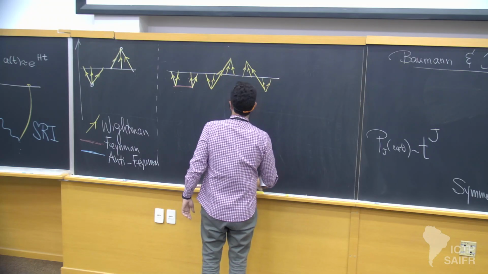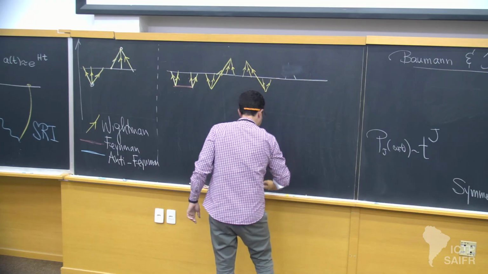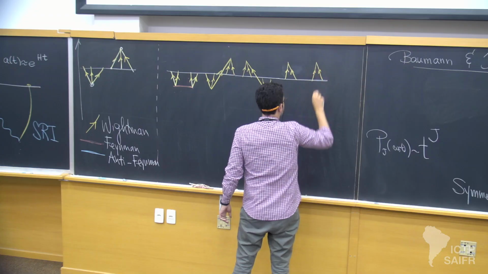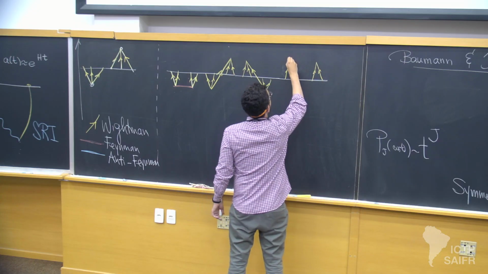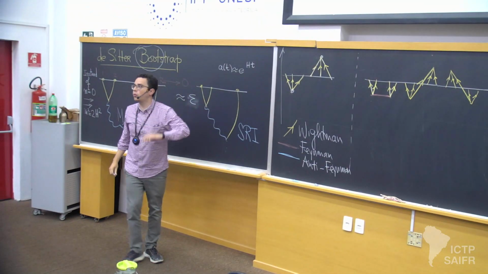And then there will be the anti-Feynman. Okay, so these are the 4. So you need to add these 4 diagrams.